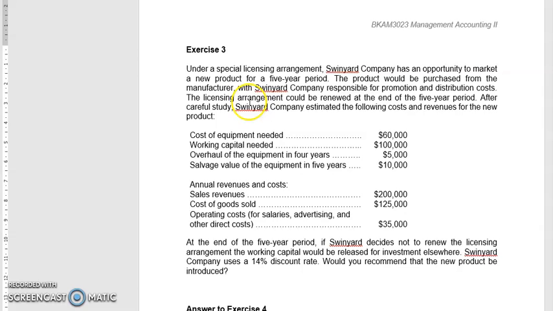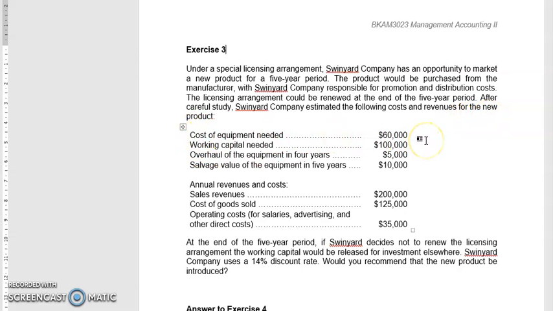The licensing arrangement could be renewed at the end of the 5-year period. After careful study, your company estimated the following costs and revenues for the new product.